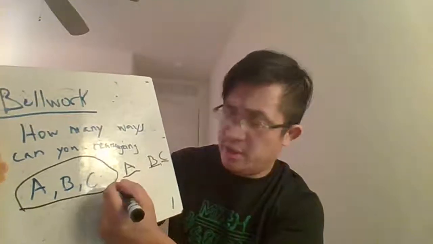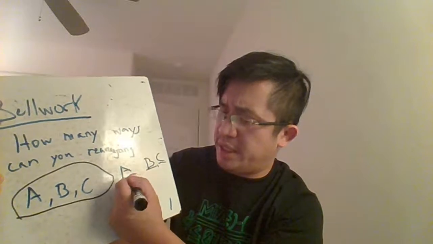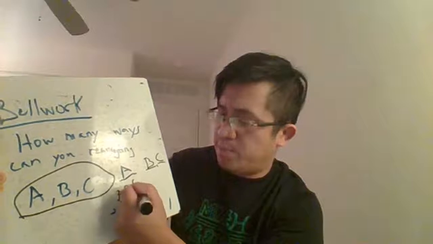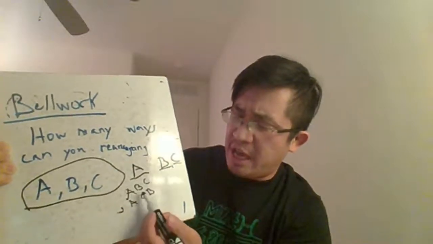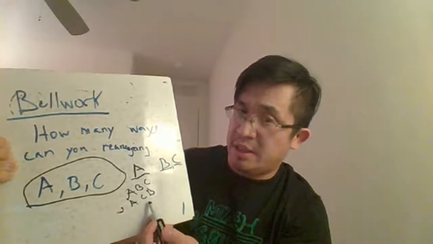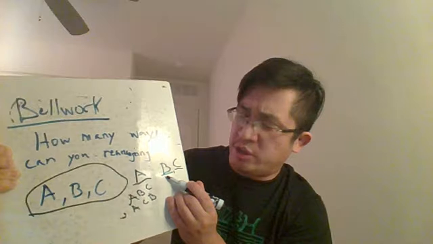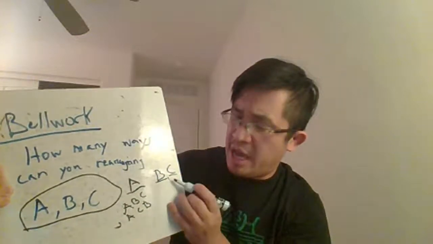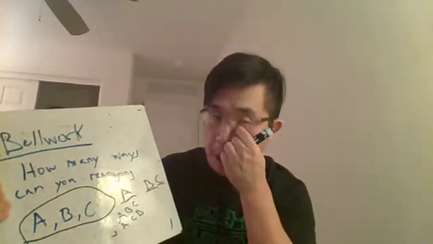For example, the list for A is A, B, C, and A, C, B. All I did was use the letter A first, write down B and C, and then switch them around. Next, try to figure out the other ways, like BAC. And how would you write down the letters if it started with a C?